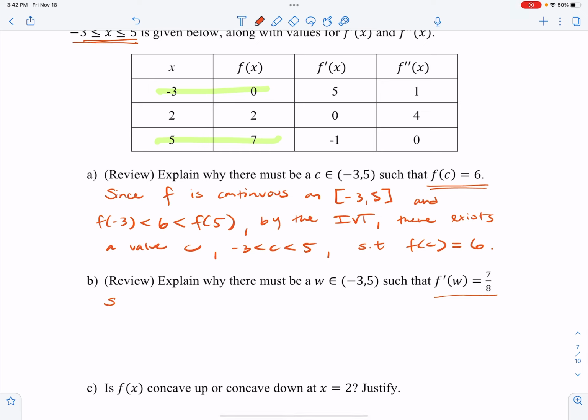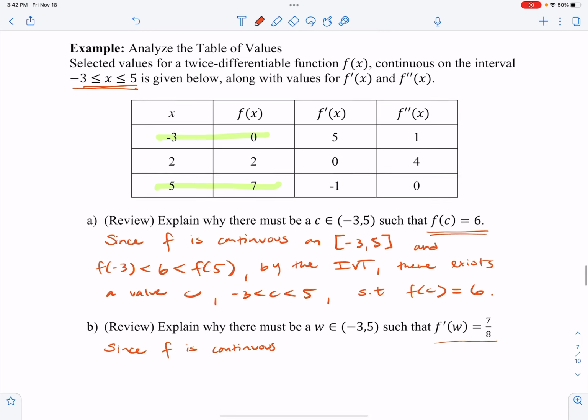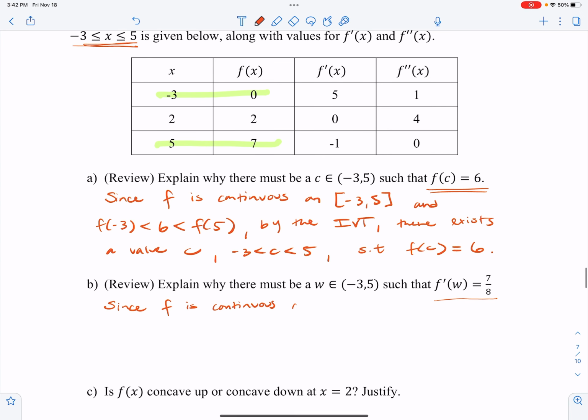So we have to say, since f is continuous on the interval from -3 to 5, the closed interval, and differentiable, that's given to us. It said that the function is twice differentiable on that interval. So and differentiable on the interval from -3 to 5, the open interval.